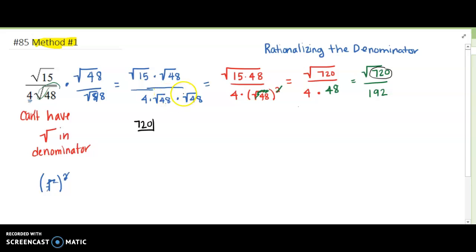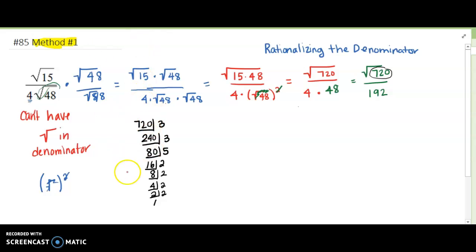So 720 goes into 3, 240 times, which goes into 3, 80 times, which goes into 5, 16 times, 2, 8 times, 2, 4 times, 2 twice, 2, 1, you're done.